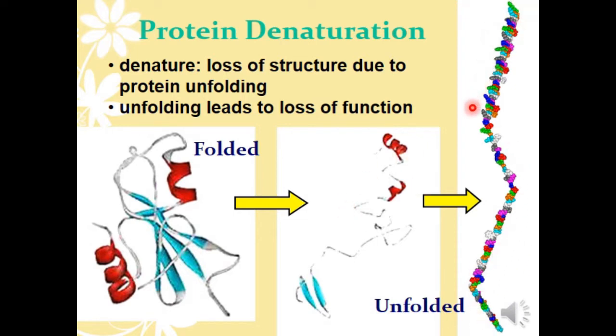So the backbone still remains intact, with no cleavage of the backbone. Denaturation will lead to loss of function, and of course, loss of structure due to the unfolding. We will cover loss of function later on.